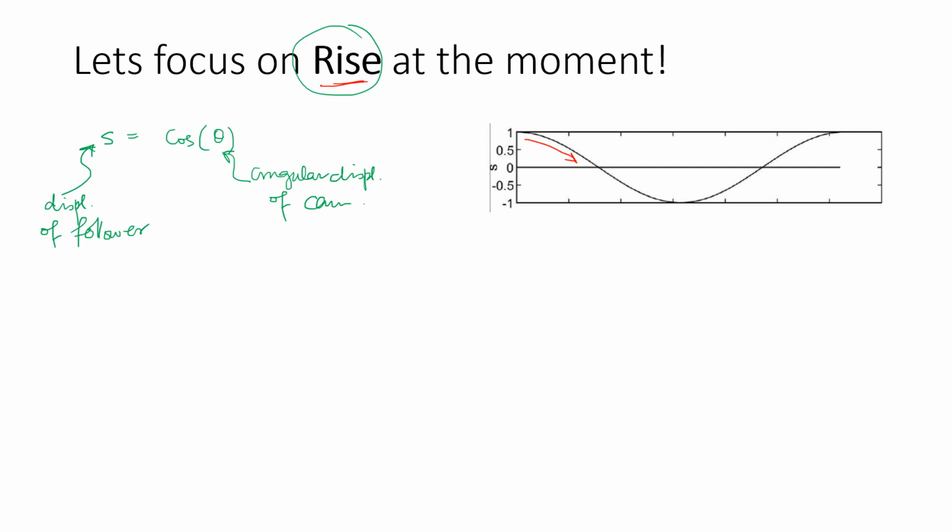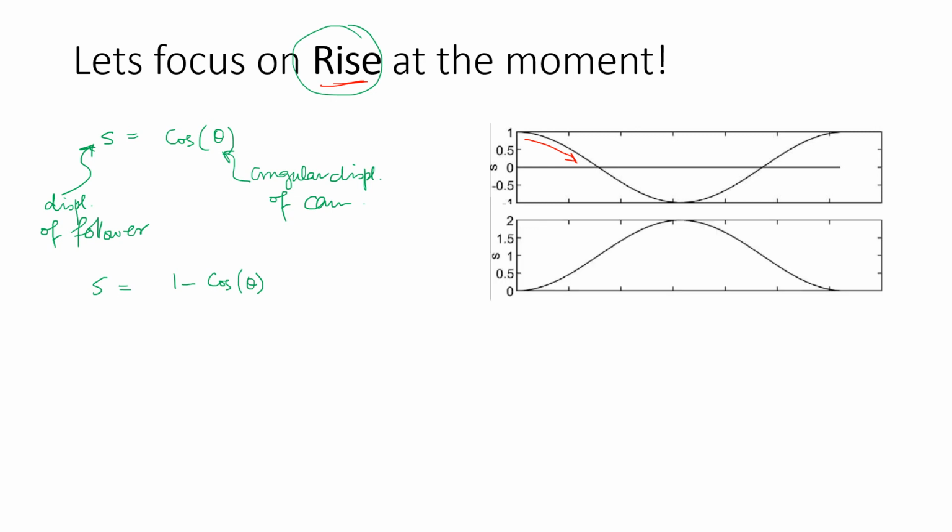The next iteration can be to improve this expression, something like s equal to 1 minus cos of theta. If I exhibit that, this behavior is going to look something like this, and now you can see a change is being shown over here.